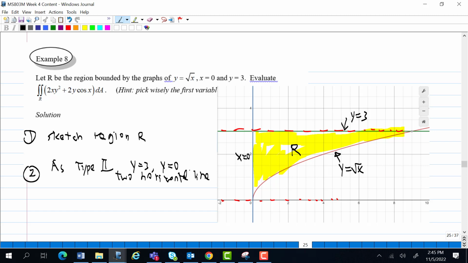Or as a type 1 region, you have two vertical lines now. One of them is this one, x equal to 0.